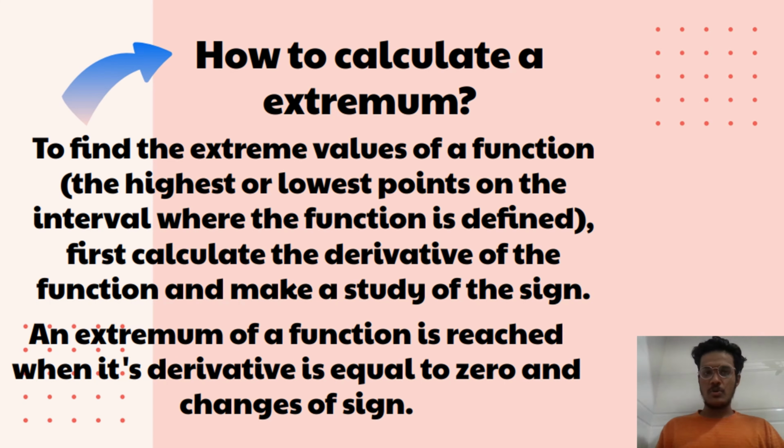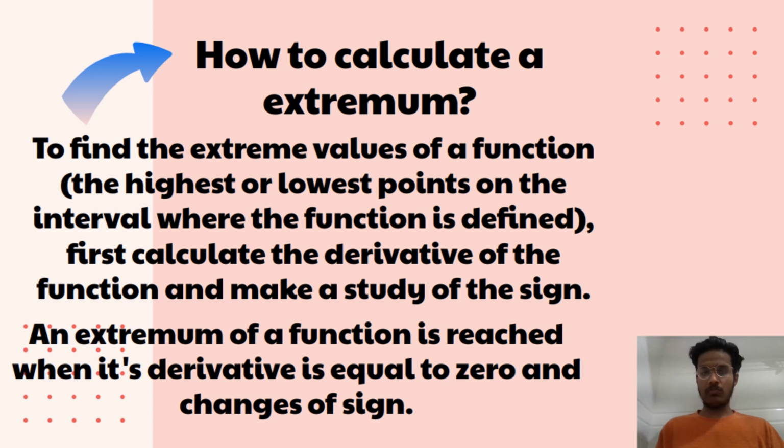We already know what an extremum of a function is, and now we can see how to calculate an extremum. To find the extremum values of a function, find the highest or lowest points on the interval where the function is defined. Now, this is the definition of the extremum function. First calculate the derivative of the function and make a study of the sign.